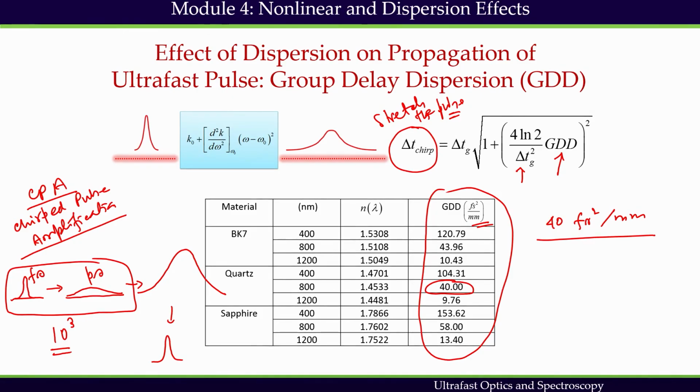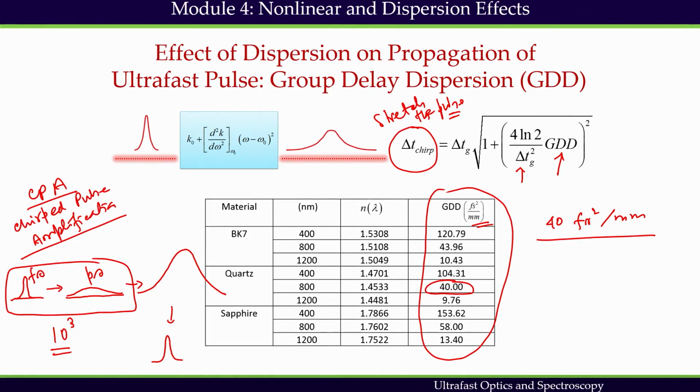We deliberately introduce this chirp to elongate a pulse and then amplify. The CPA scheme is very commonly used to synthesize high power laser pulses.